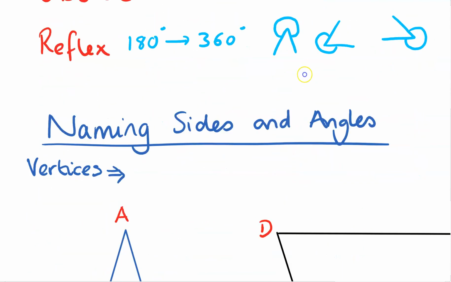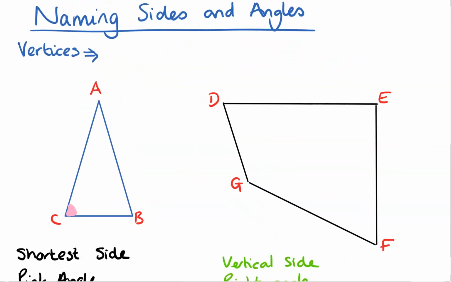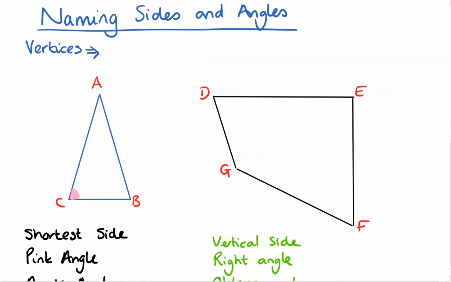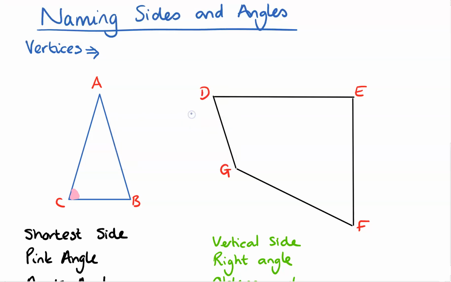And then once you get into measuring and naming sides, there's really only 2 things to remember. A line has to have 2 letters, an angle has to have 3 letters. And then what they quite often say is by referring to the vertices. Vertices is corners.